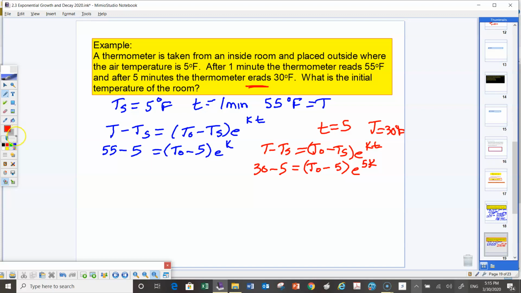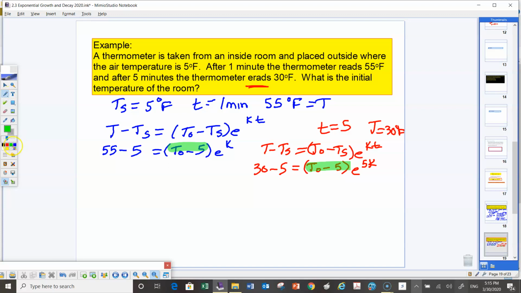So now you notice I have To minus 5 here and To minus 5 here. So again, I have two equations with two unknowns. So I can solve for k first and then go back and find the original temperature of the object. So I'm going to isolate the To minus 5 on both sides.